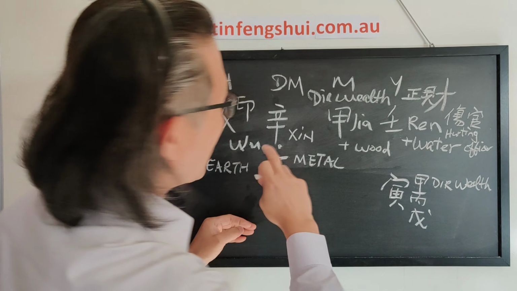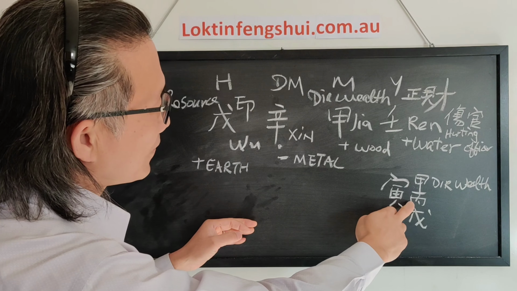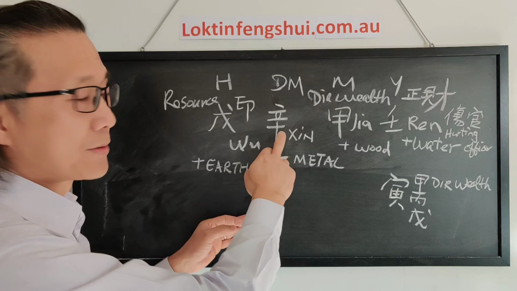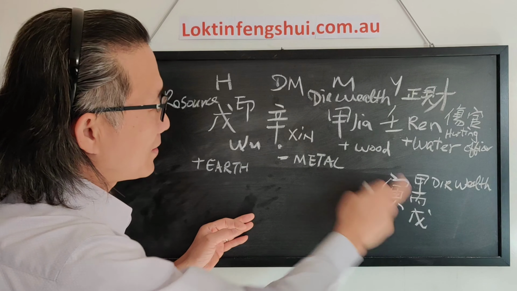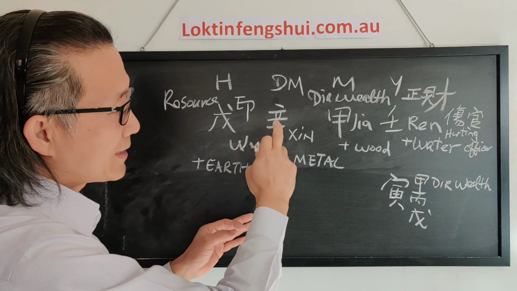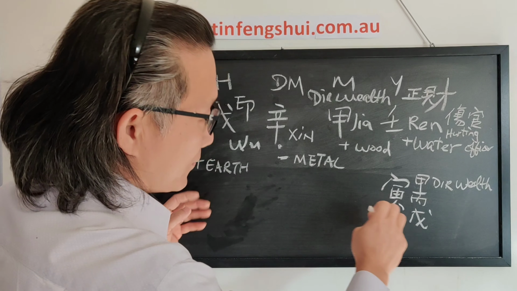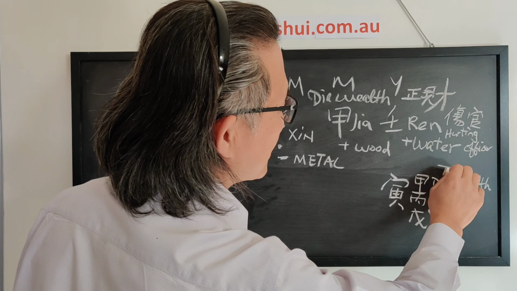Okay, and the bin is fire. Fire controls metal, right? Fire burns the metal. So what the fire controls it is the power or the officer. Remember, it's the officer. This is the 精财.